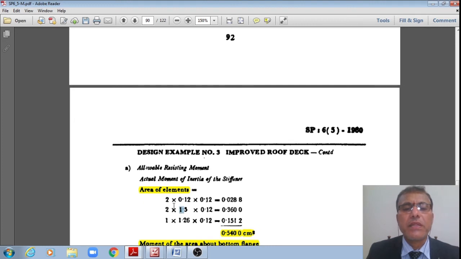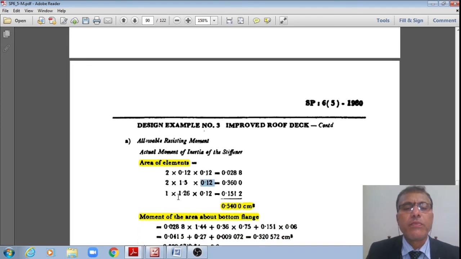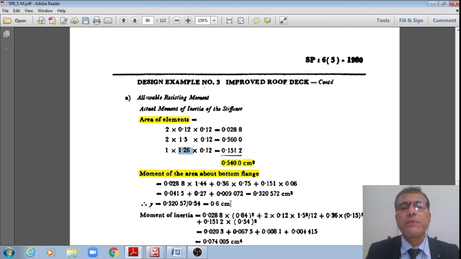All these are in centimeters, right? Therefore 2 multiplied by 1.5 multiplied by its thickness 0.12, and that curved portion 1 multiplied by 1.26 multiplied by 0.12. Therefore the summation of all these will now work out to 0.54 centimeter square, student.